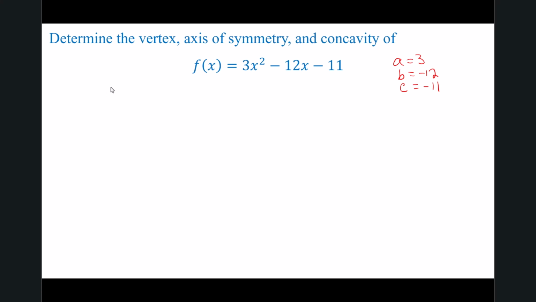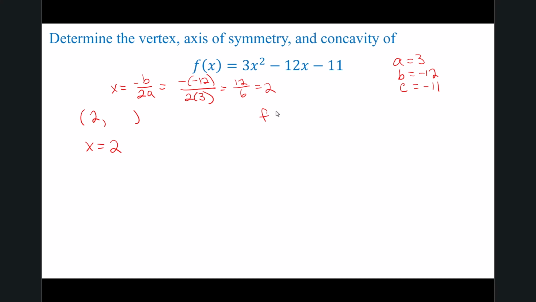So the x-coordinate of our vertex and our axis of symmetry is negative b over 2a, which in this case is negative 12 over 2 times 3. Two negatives make it positive, so we have 12 over 6, or 2. So my vertex will have 2 as the x-coordinate, and the axis of symmetry will be the line x equals 2.